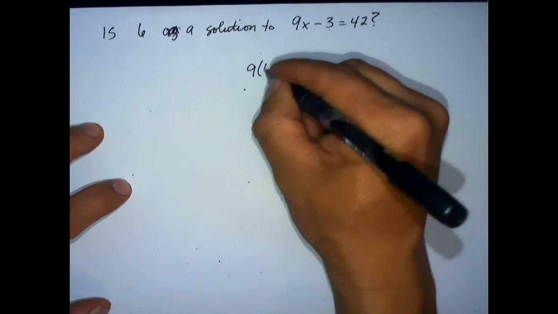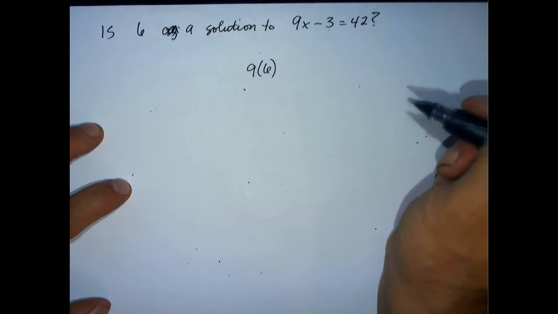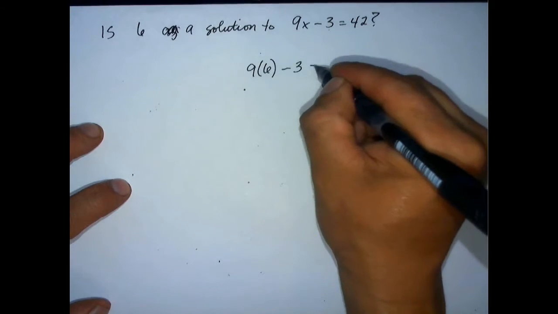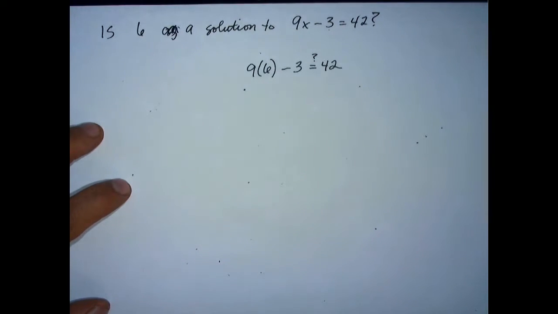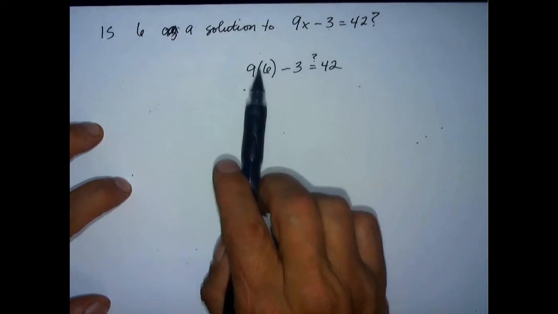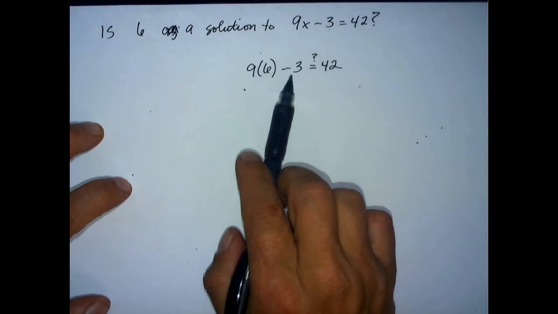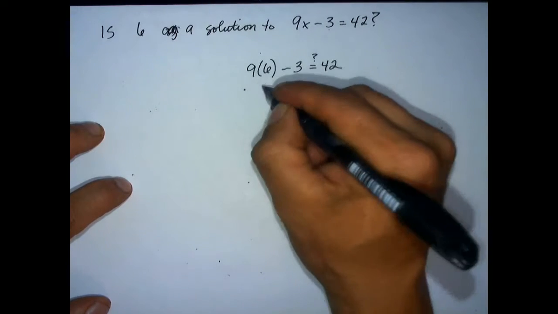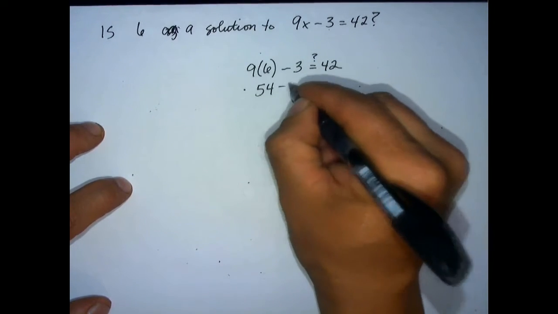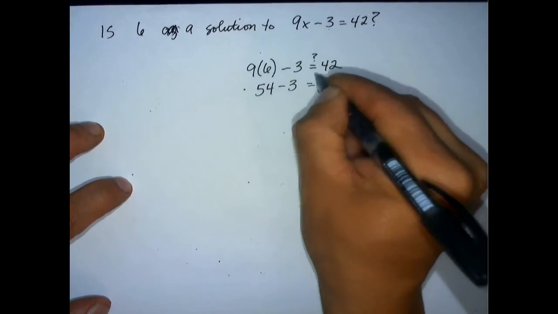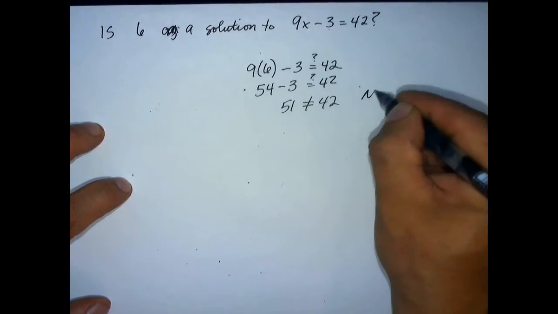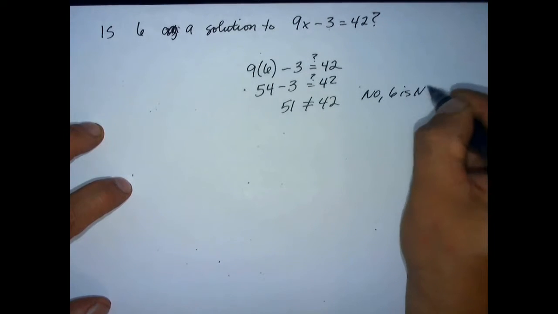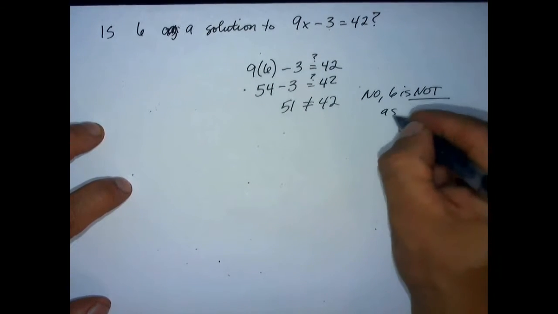We're going to have 9 times 6, because wherever there's an x, I'm going to put a 6, minus 3. Is that equal to 42? I can already tell you that it's probably not going to be, but let's go ahead and carry it out in case somebody doesn't see that this is 54 minus 3, and there's no way 54 minus 3 is 42, but be a completionist. 51 is not equal to 42, so no, 6 is not a solution.